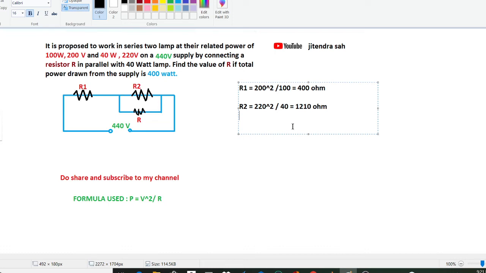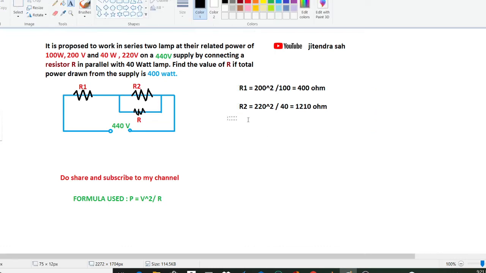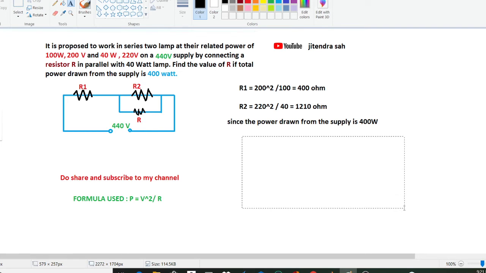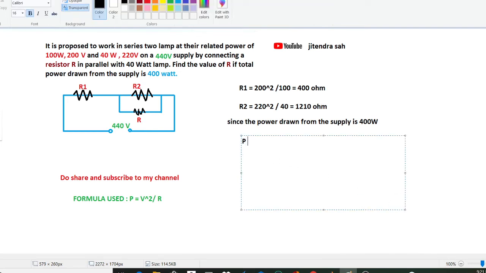Now, since the power drawn from the supply is 400 watt, we will use the formula P equals V square upon R equivalent.